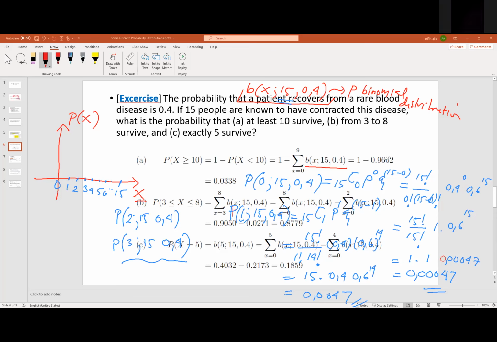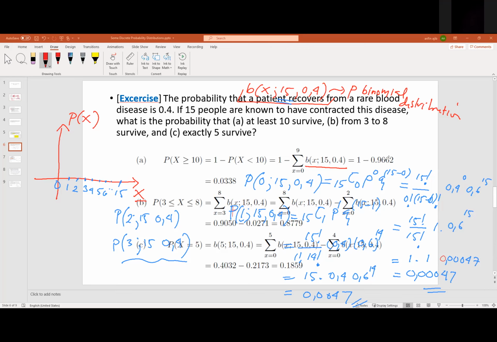Oh, so the x is like the number of the people that recovered, the one that we want to find the probability. From the notation, the x is the number of recovered people from the disease.